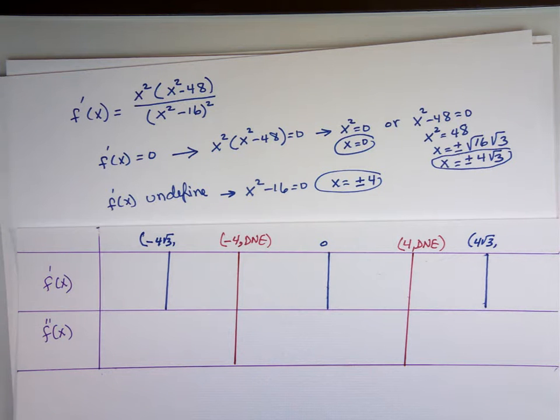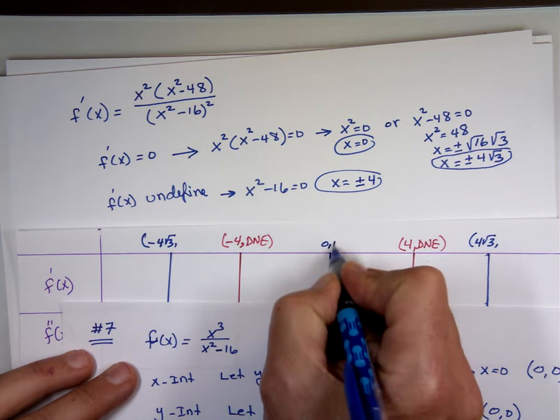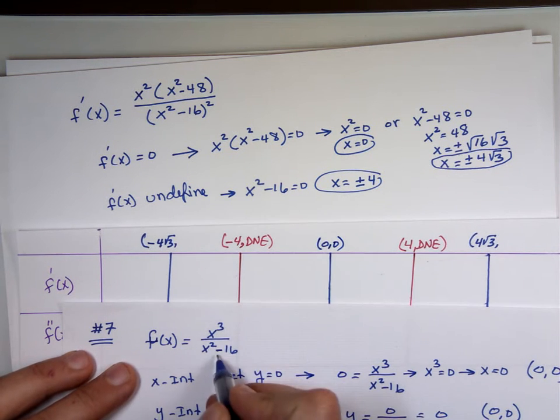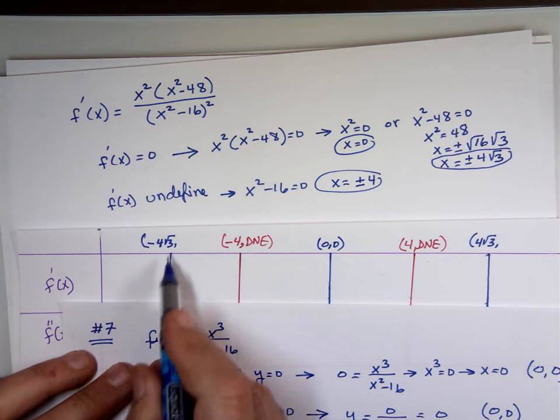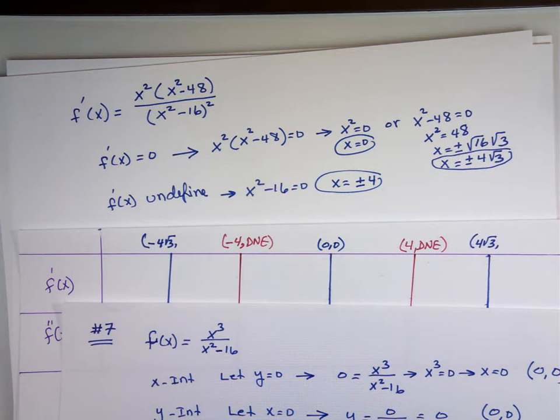Let's find the x value that goes with it. I'll start with the 0. The 0 is an easy one. When x is 0, what's y? 0. When x is this number, negative 4 the square root of 3, let's see what the value there is, so I know.